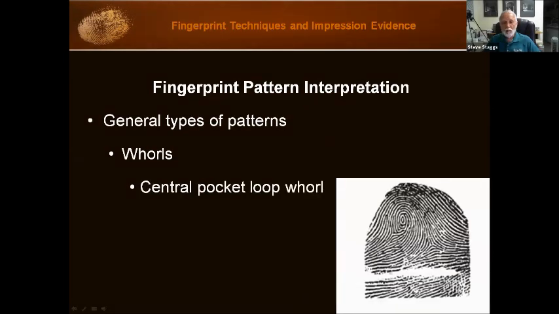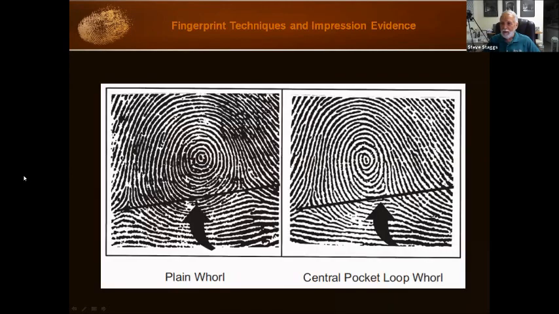Now let's talk about the central pocket whorl. A central pocket whorl is a whorl having two deltas with a recurving ridge in front of each, and when an imaginary line is drawn between the two deltas, no recurving line is cut or touched. So let's look at that.